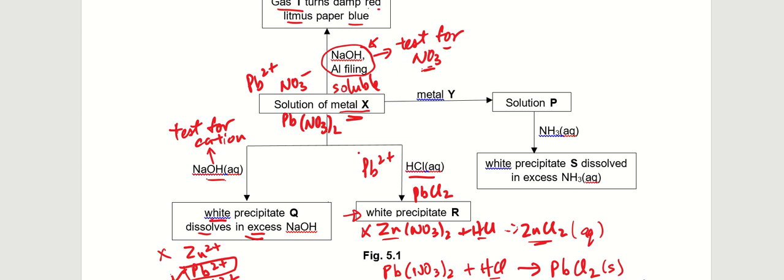Now let's take a look at the right hand side of the flowchart. We are adding lead 2 nitrate to a metal Y. What could this reaction be? We are adding a solution of a metal to a metal Y. If you recall, when we add a metal to a solution, this is really a metal displacement reaction.